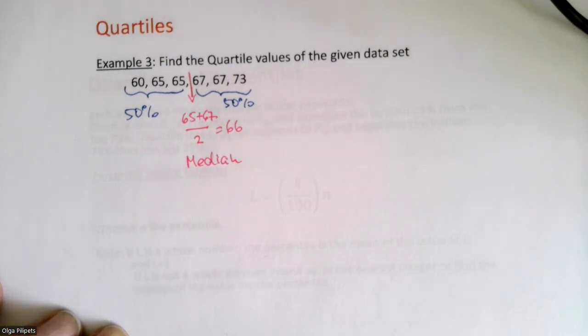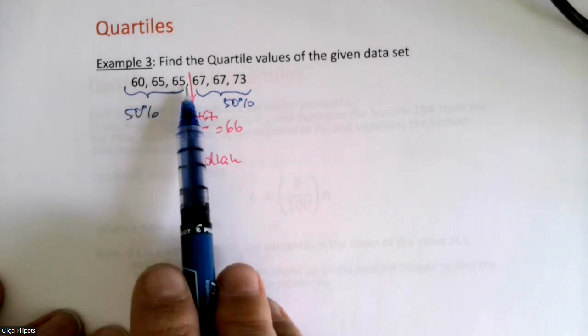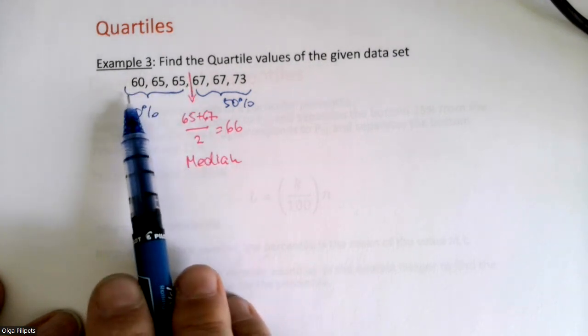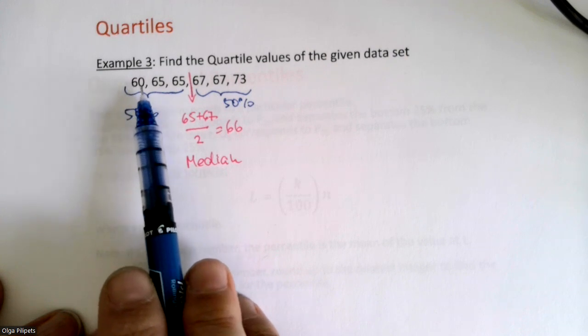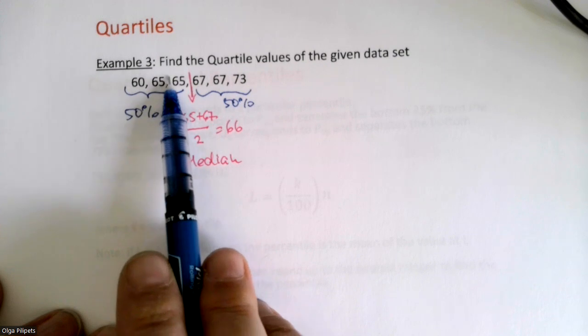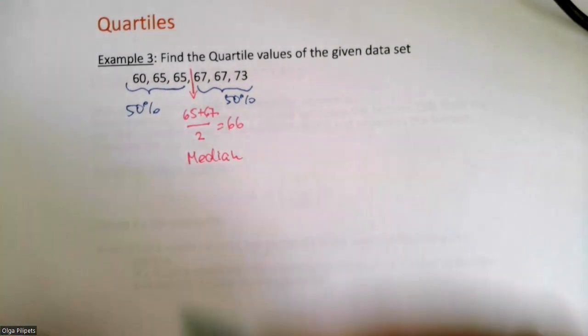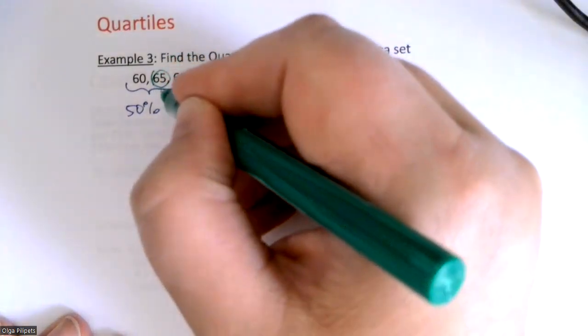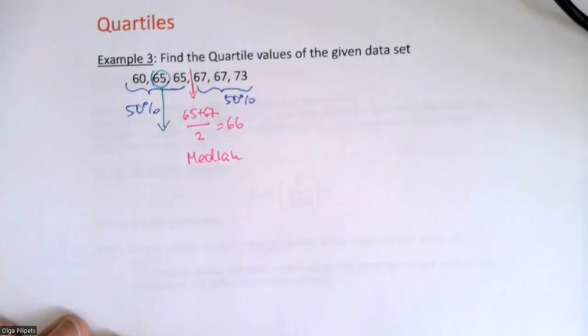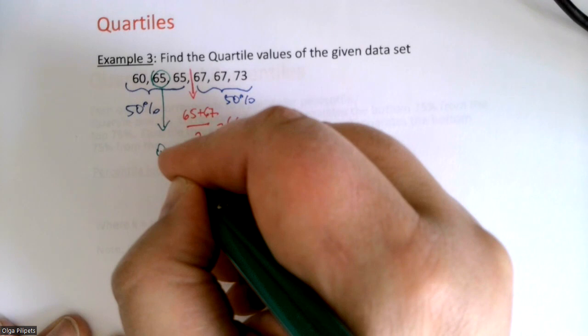Now, these two portions could be divided further. So the bottom 50%, we could find the median of the bottom 50%, and that's the value in the middle. In this case, it's going to be 65. 65 is our middle value of the bottom 50%, and this is called a quartile 1 value.